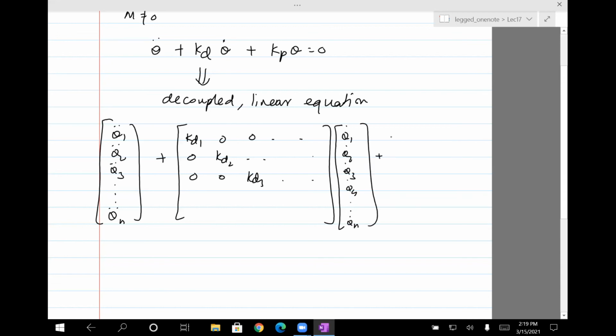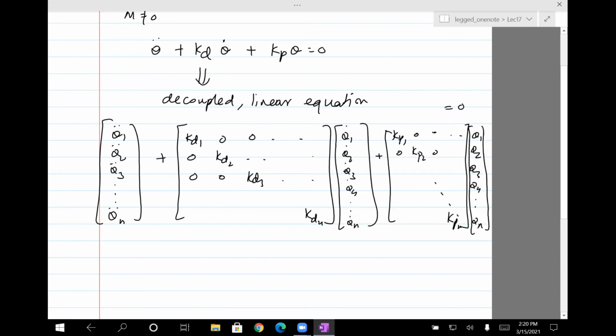And then same thing for Kp, times theta 1, theta 2. So this whole thing equals 0.